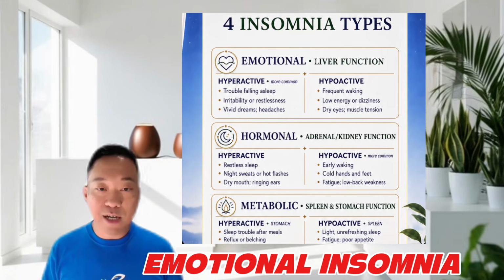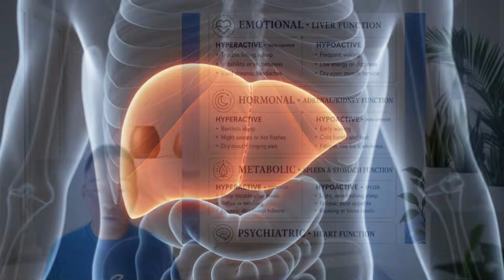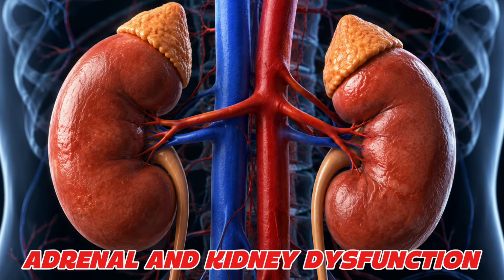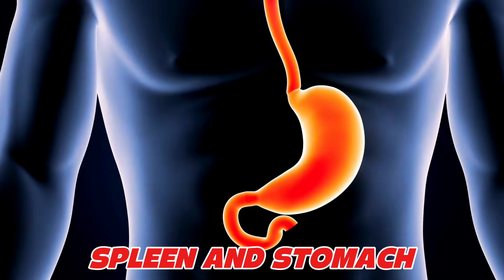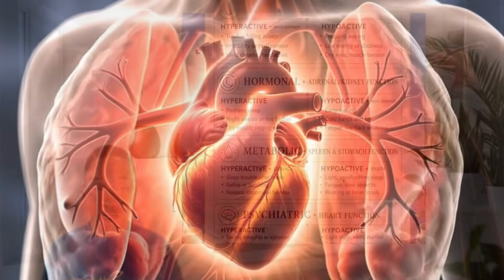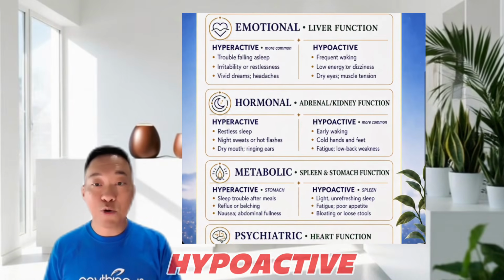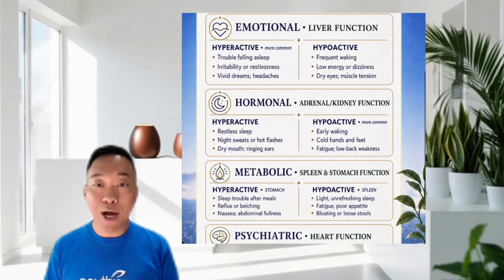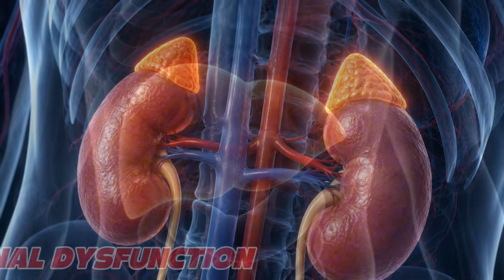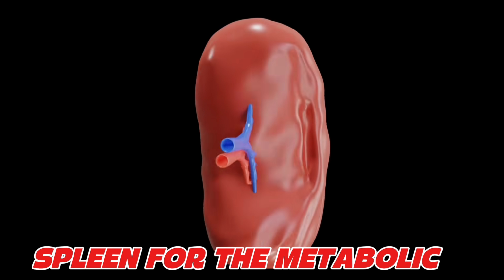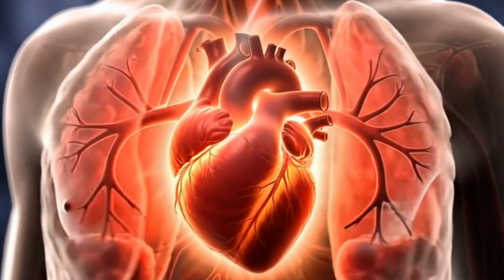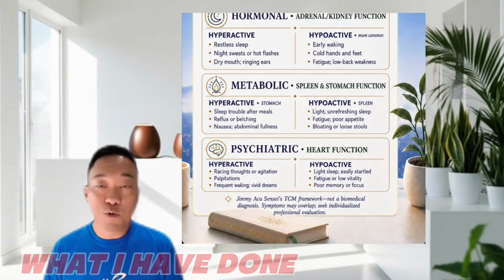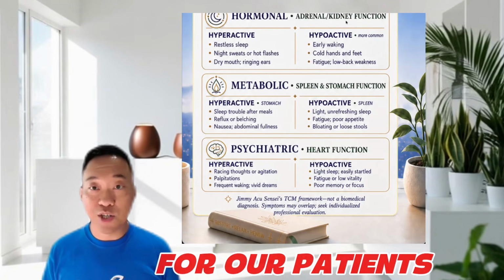Emotional insomnia is a liver dysfunction. Hormonal insomnia is adrenal and kidney dysfunction. Metabolic is spleen and stomach. Psychiatric is heart. Today we're talking mostly about hypoactive: hypoactive liver dysfunction, adrenal dysfunction, spleen for the metabolic, and the heart for the psychiatric. I'm going to go over what I have done for our patients in our clinic.